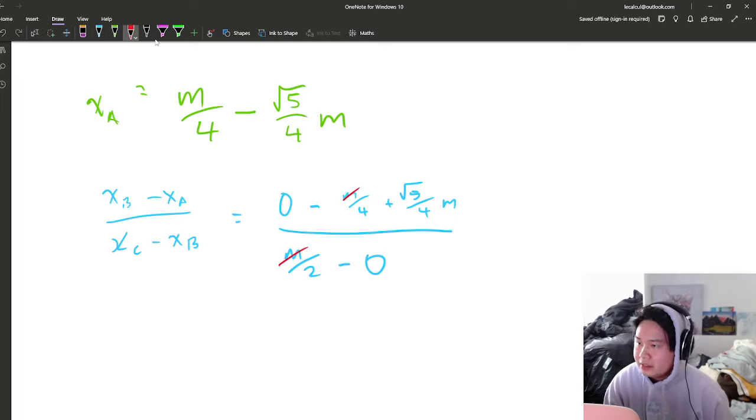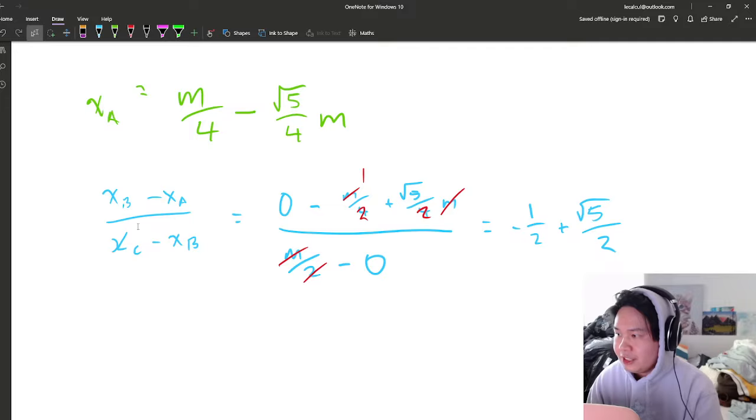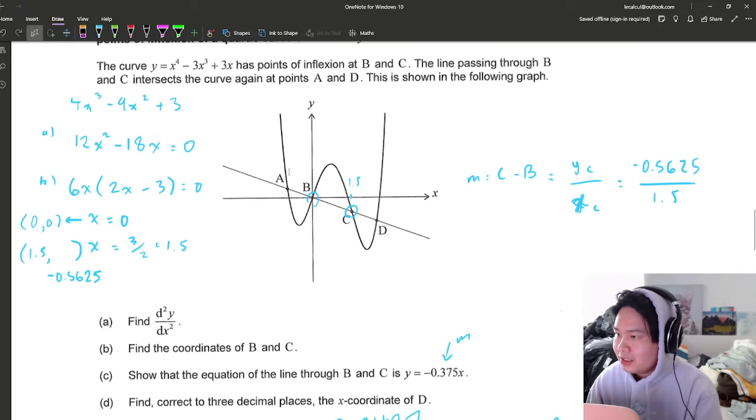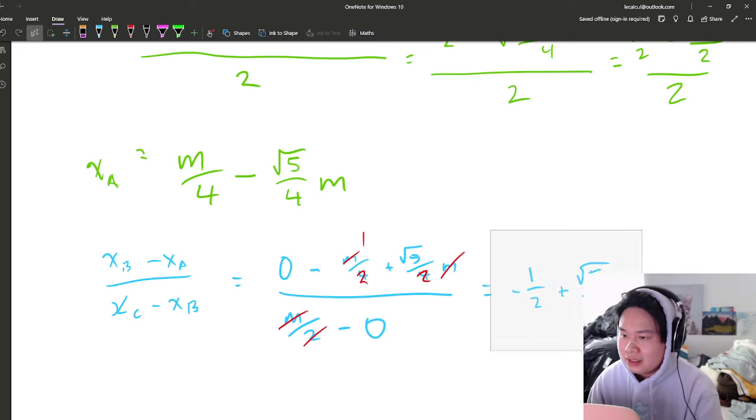M's divide. 2 divides. So you get a constant? So I guess this ratio of lengths, which is what the question was asking you to explore, is always going to be a constant regardless of your coefficients for m and n.